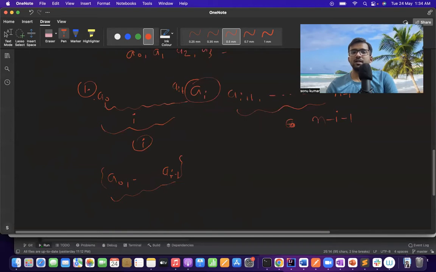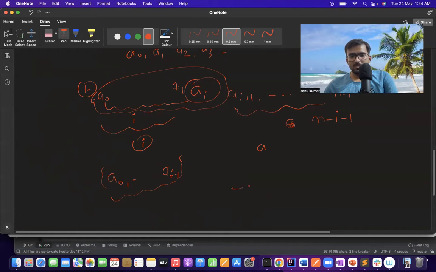So how can we conclude this? By this way, right? And similarly, how many subsequences are there for which a_i is the smallest one? First, we will see the case where a_i is the largest one.